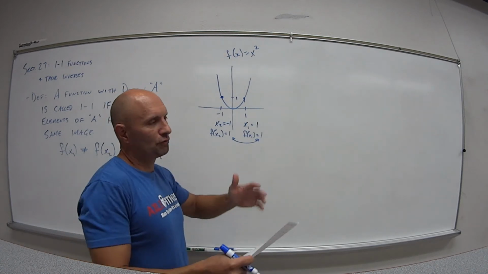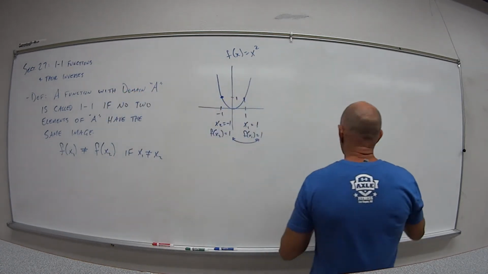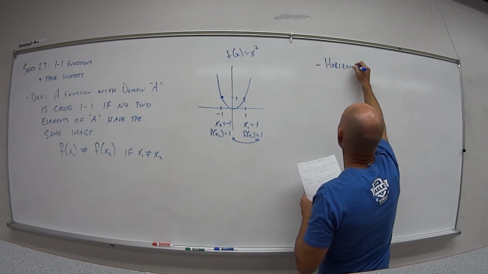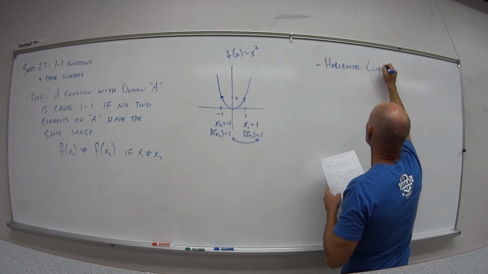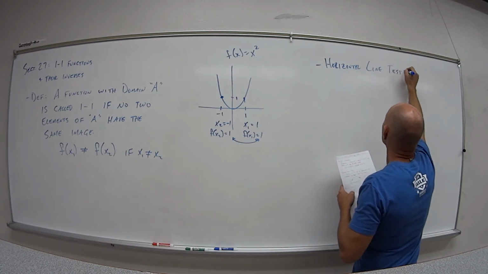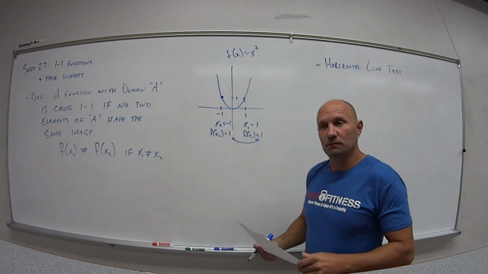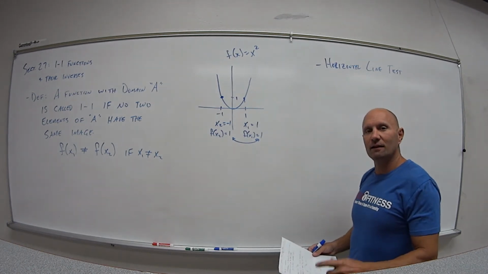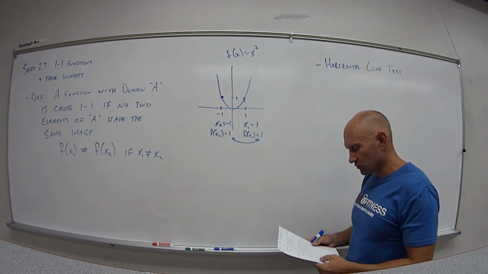Well, how can we do this without having to plot every point? We have what's known as the horizontal line test. So we had the vertical line test to tell us if it was a function. Now the horizontal line test can tell us if it's a one-to-one function.